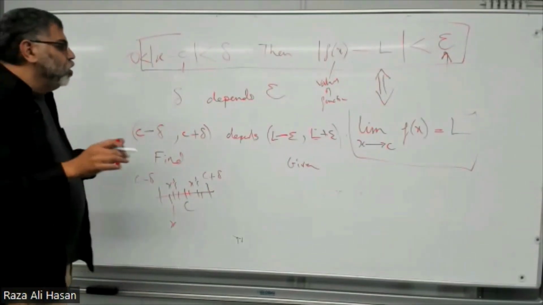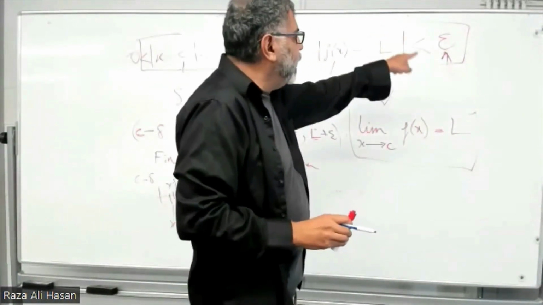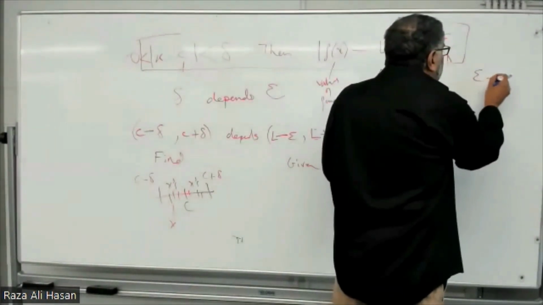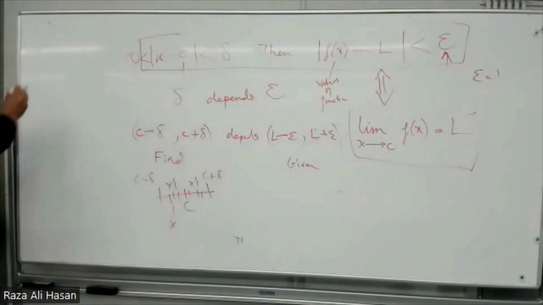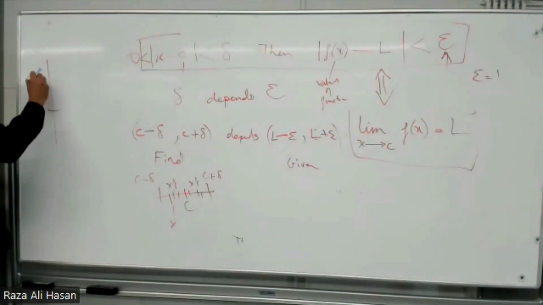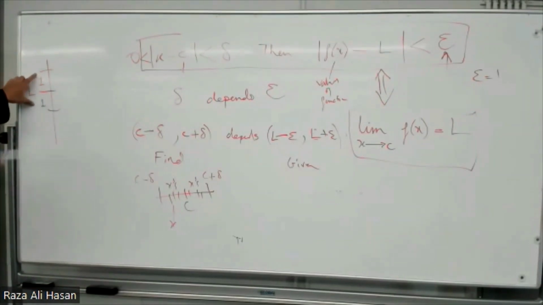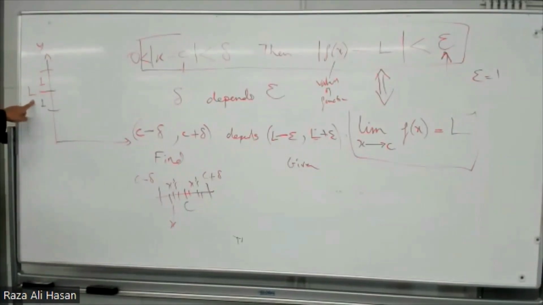So what happens is we are given an epsilon, a positive number. That epsilon, for instance, could be, let's say, equal to 1. That creates an interval, 1 here and 1 here, right? And here we have L. Now we have an interval on the y-axis. And now what we have to do is take that epsilon and figure out how big the delta is.